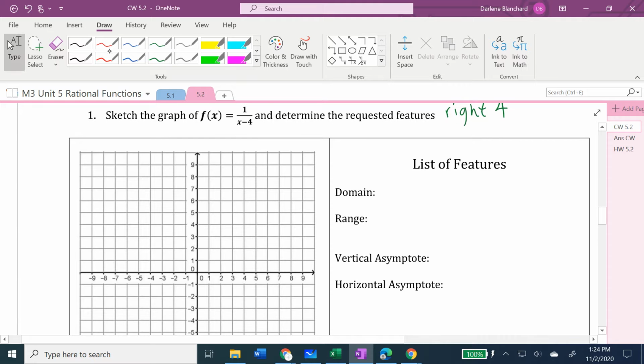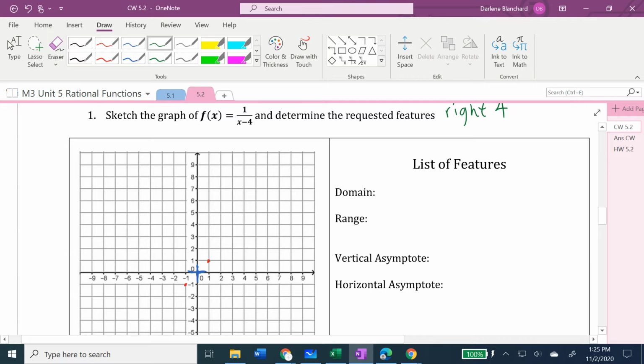So what I recommend you do is start by plotting the points 1, 1, negative 1, negative 1. I would even recommend that you put a little plus sign at the origin, because that's the center of the asymptotes. And then take all 3 of those, move them right 4 units.